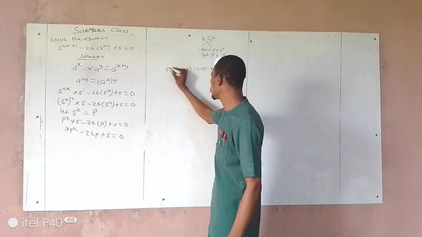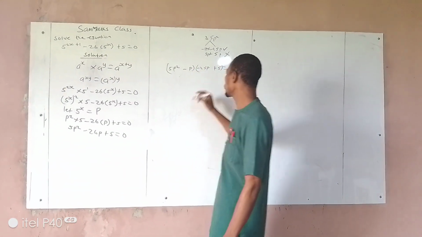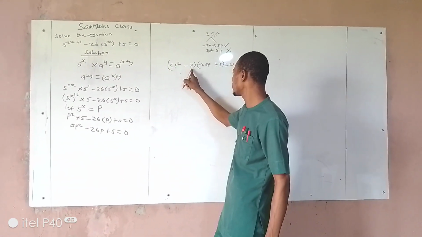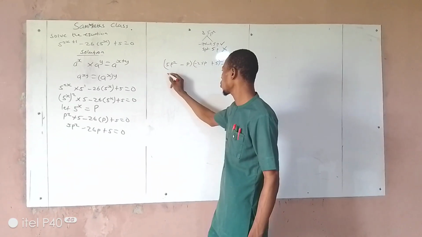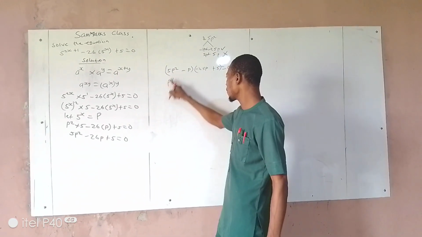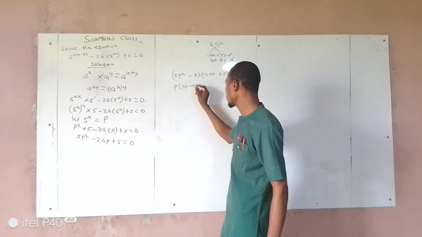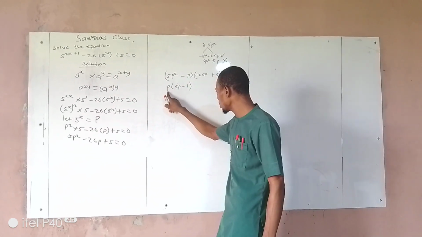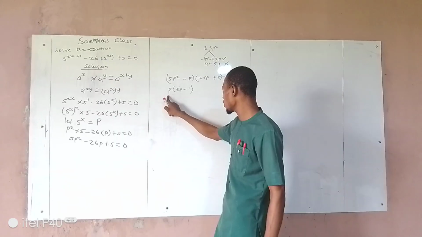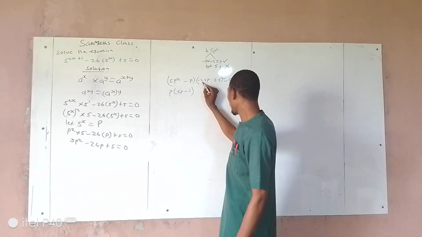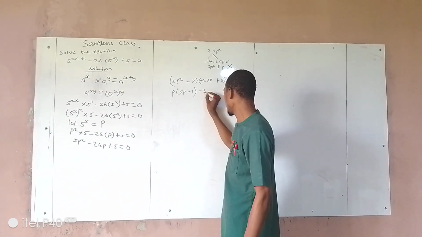The next thing, we factorize by grouping. For 5p squared minus p, the common factor is p. So we bring p out: 5p squared divided by p is 5p, minus p divided by p is 1. Then for minus 25p plus 5, the common factor is minus 5.